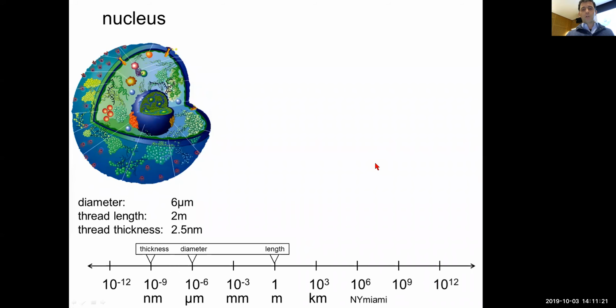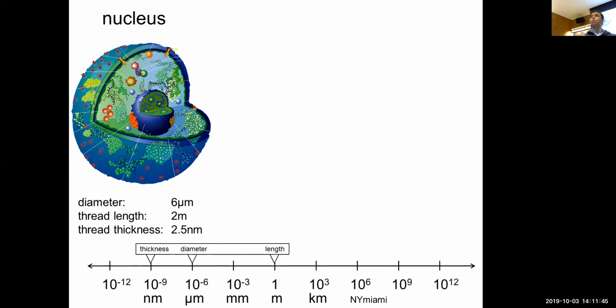This is mind-boggling. To understand what we're looking at, I'm going to give you analogies at different scales. Again, there's 2 meters worth of DNA packed inside a 10 micrometer wide nucleus. So that's 10 to the 6. And if you look at the thickness of that fiber, it is 2 meters long, but how wide is it?